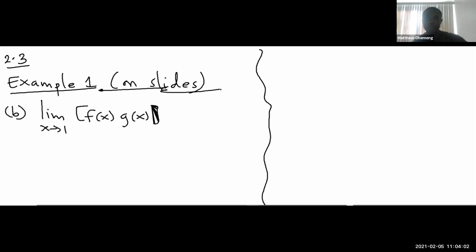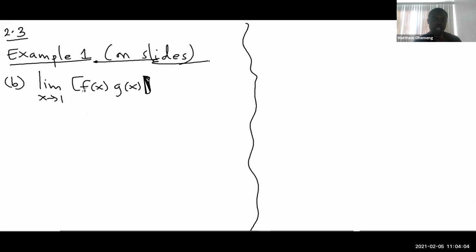Okay, so from the limit laws that we learned the last time, we said that the limit of a product of functions is equal to the product of the limits, right? If the limits exist. So with this one, we started by splitting this up as the product of the limits as follows. So we did the limit as x approaches 1 of f of x times the limit as x approaches 1 of g of x, right? That's what we started with, right?